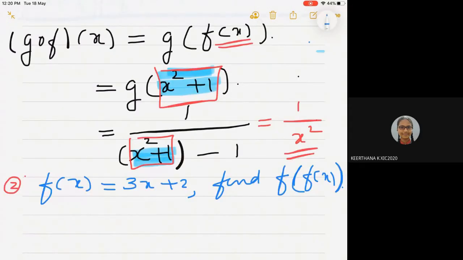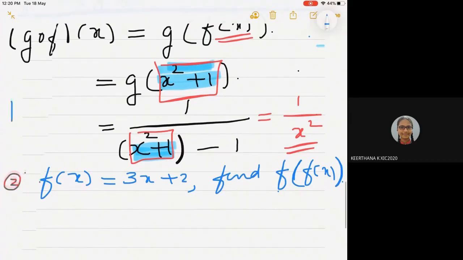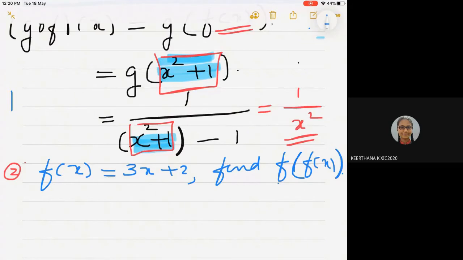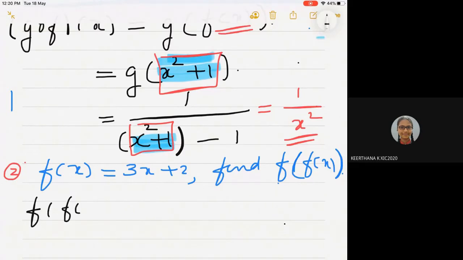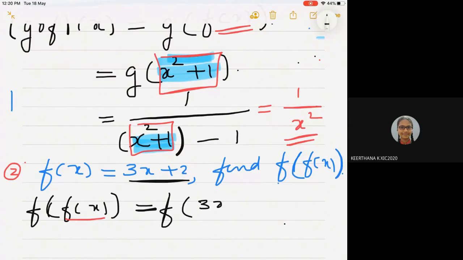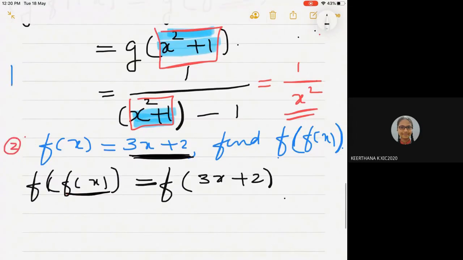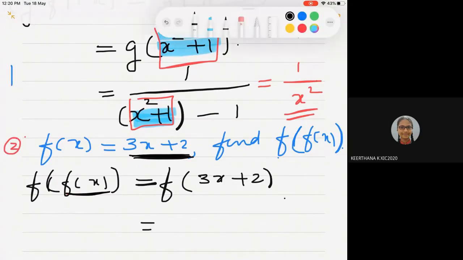F of x, sometimes it may be given like this. So what will be that? f of x equal to, first you will replace the interior function. So what you get is f of, instead of f of x you will be writing 3x plus 2, because we know f of x value is 3x plus 2. Now again you have to remove f. Now removal of f you have to study nicely.